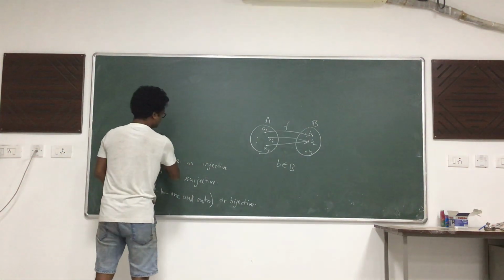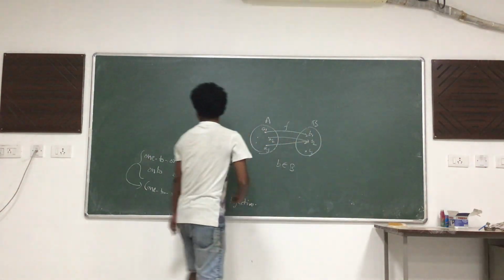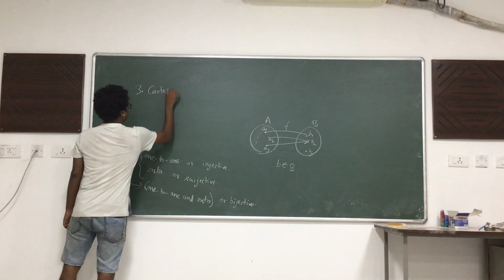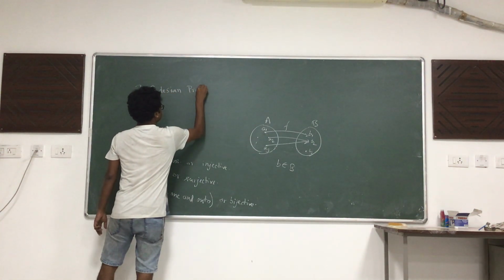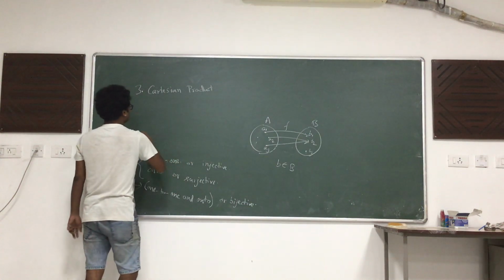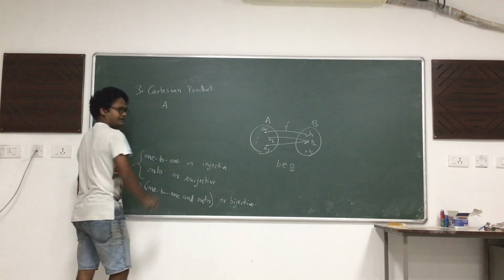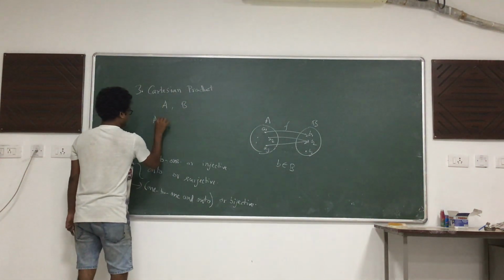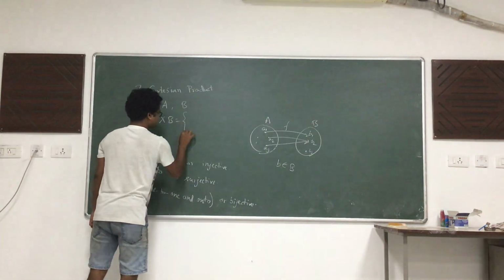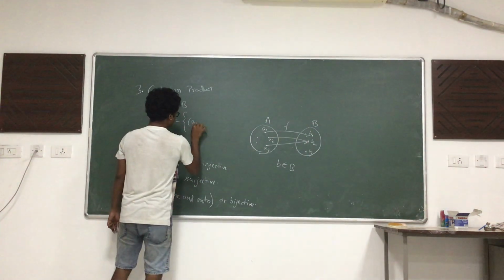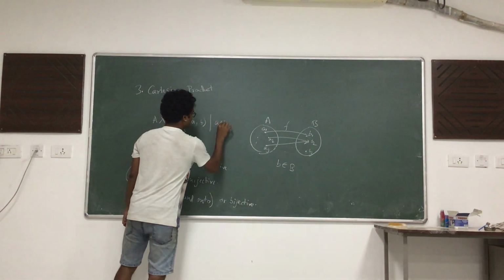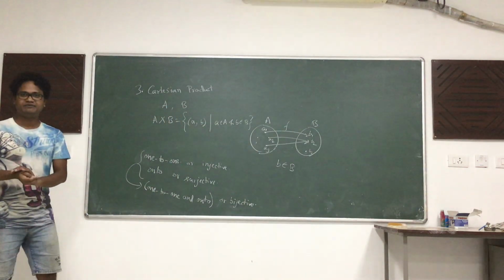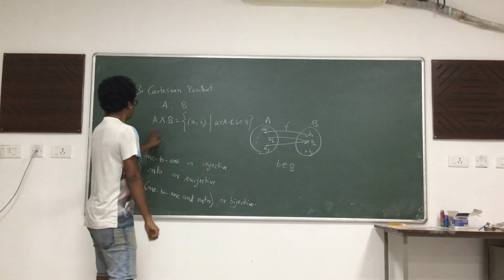Then we'll go to another important concept, the Cartesian product. Let us say A is a set and B is a set. The Cartesian product A cross B is defined as the set of all ordered pairs (a, b) such that a belongs to A and b belongs to B. I think everybody is familiar with this.